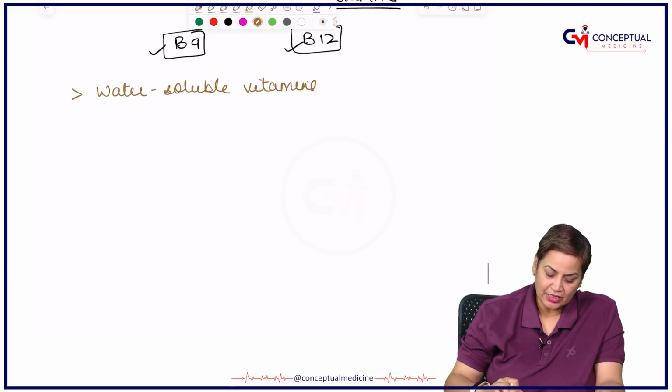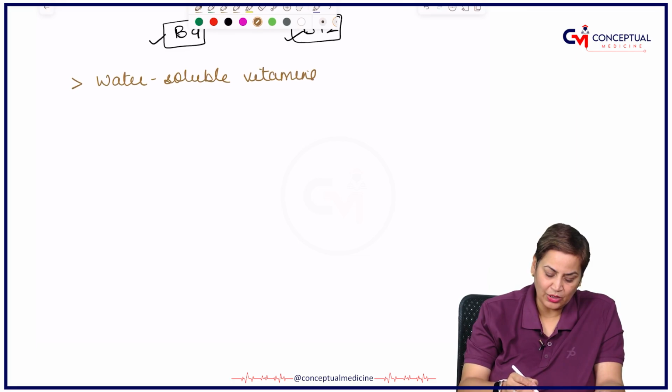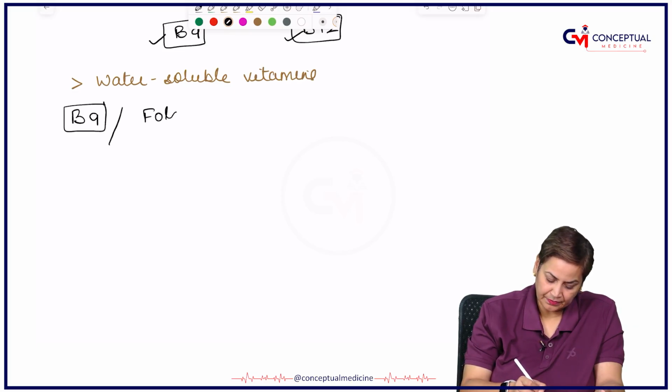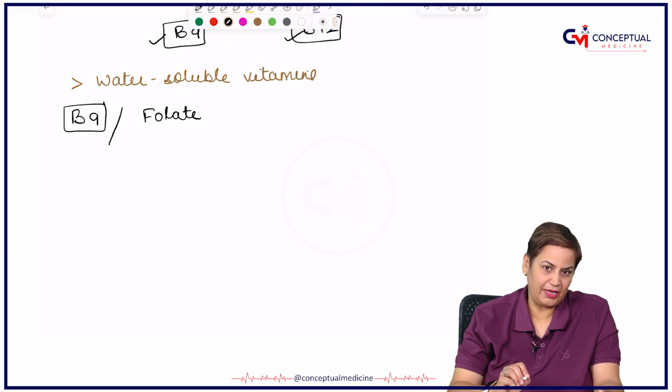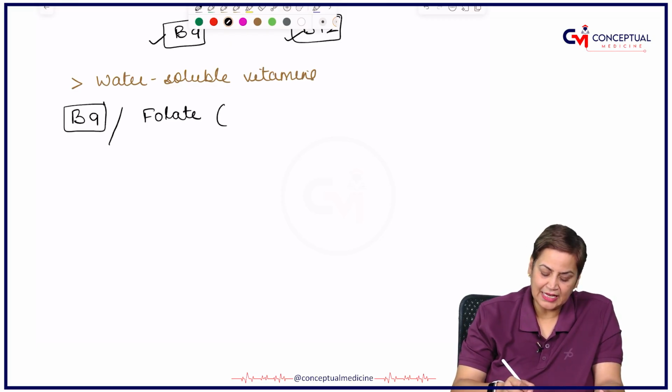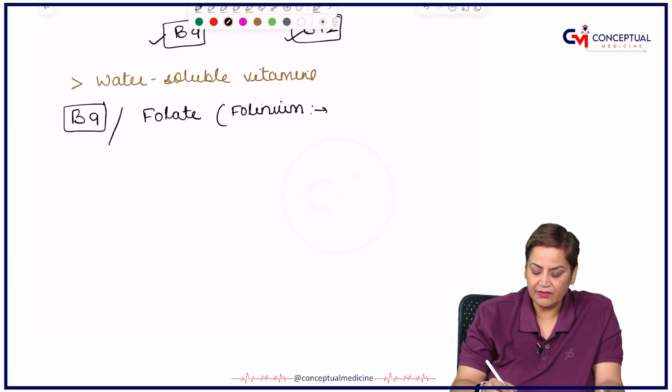Now first of all, we are going to take up vitamin B9, which is also known as folate or folic acid. This folate is actually derived from the word folium, which means green vegetables or green leafy vegetables.